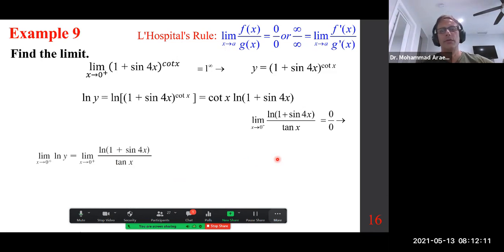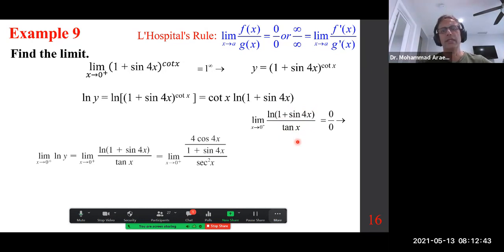Taking the derivative of the top, you flip this over, you get 1 over 1 plus sine 4x, times the derivative of the argument of the log, which is 4 cosine 4x. So sine becomes cosine 4x, times 4, over the derivative of the denominator tan x, which gives us secant squared.